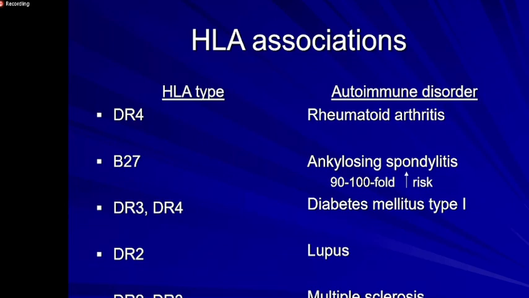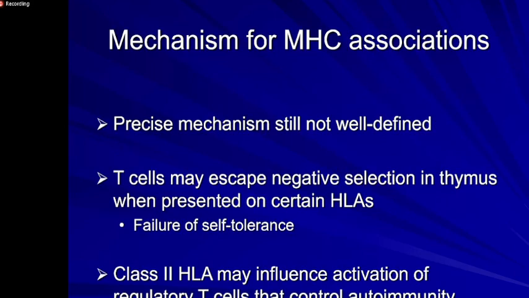Just to go back to where I came from. Now, we do not know the precise mechanisms that define if you carry these genes, you are actually going to develop autoimmune diseases. We don't know. But we think somehow, somewhere, there is a failure of self-tolerance, and some T cells, which should have been deleted within the thymus, are able to leave the thymus.